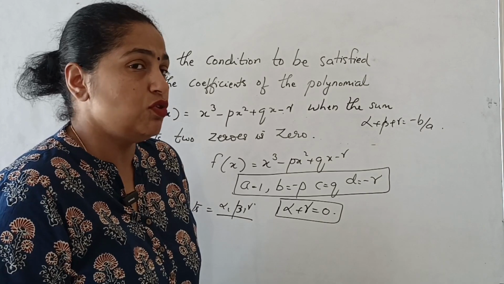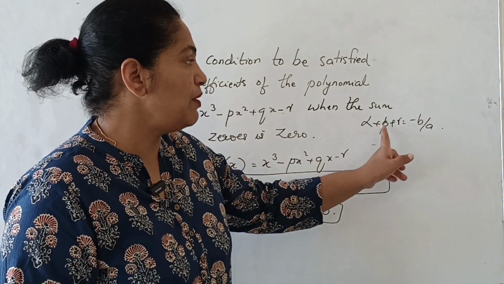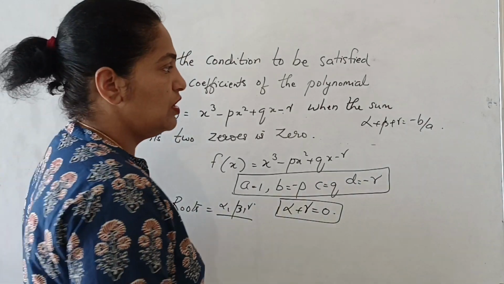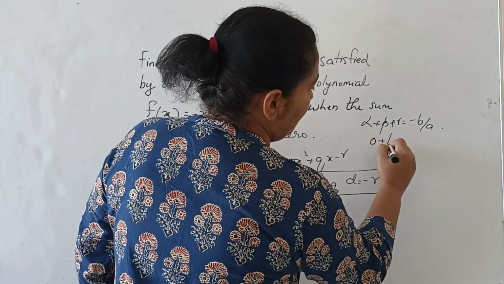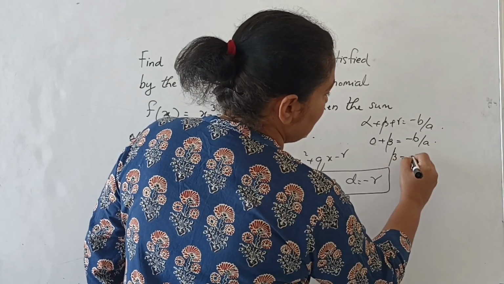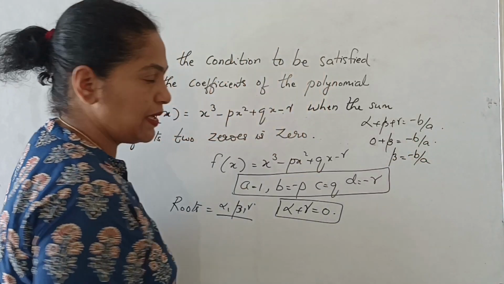Now I am going to apply whatever I know over here. Alpha plus gamma is 0, so 0 plus beta is equal to −b/a, or beta is equal to −b/a.